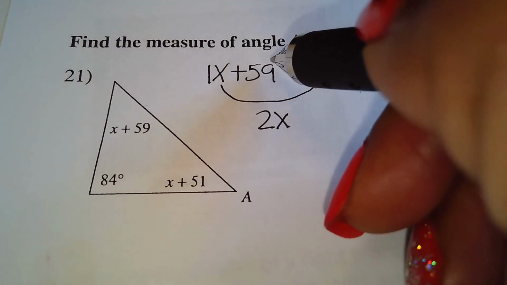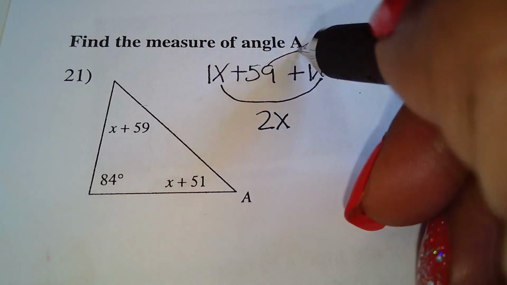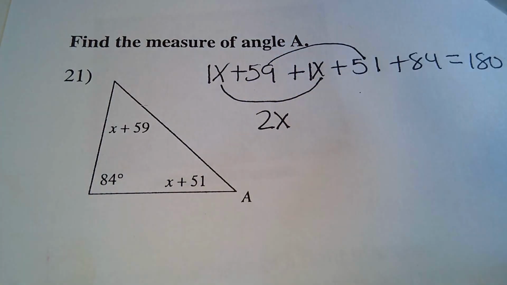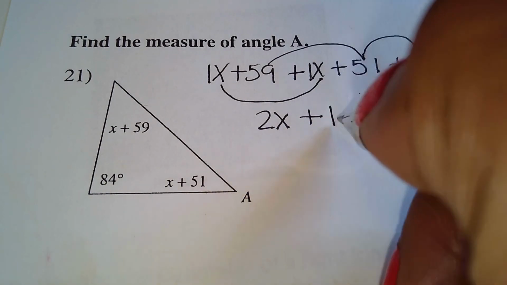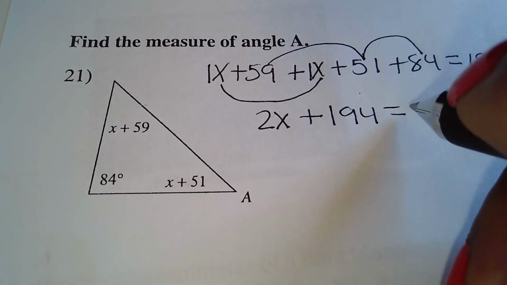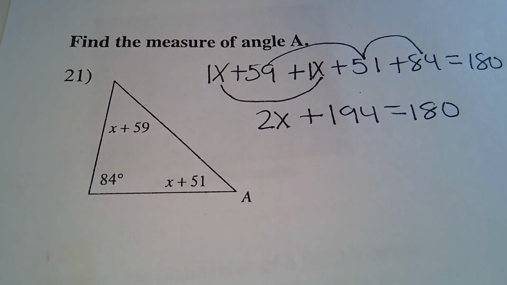And then add your 59 plus your 51 plus your 84. And I'm cheating a little bit because I've already done that math. That'll give me plus 194. And again, all of that is going to equal 180.